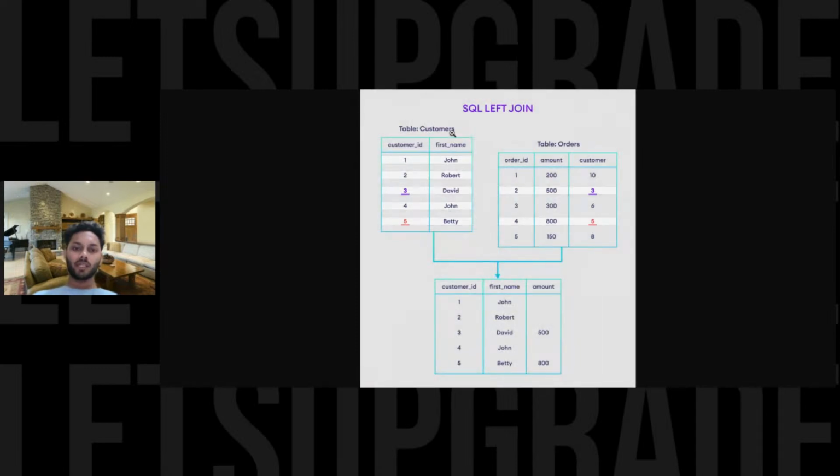Now we are considering the customer table. This is a left join. So customer ID and first name are there. Now whichever ID is going to match, obviously 3 and 5 are matching, that is David and Betty. Now only that particular amount will be used over here.